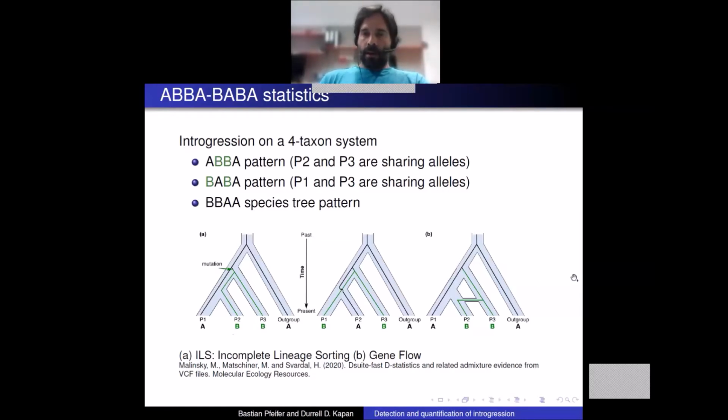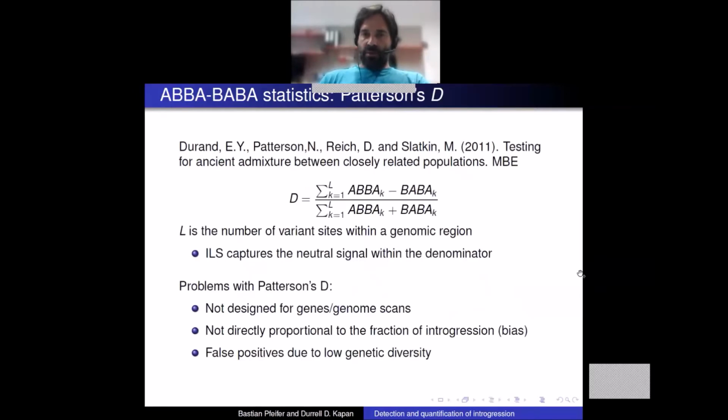To detect introgression, the Patterson's D statistic was proposed, which basically subtracts the counts of ABBA patterns and the BABA patterns, which refer to introgression. And in the denominator, it summarizes the patterns.